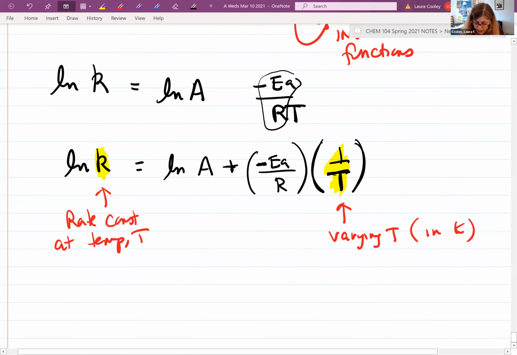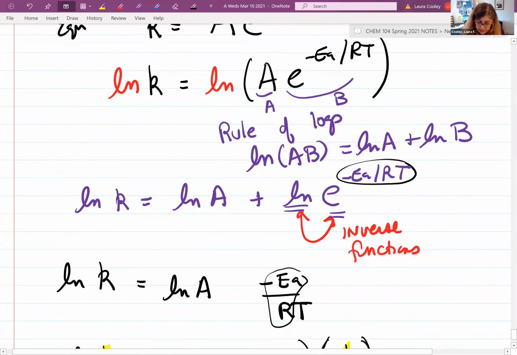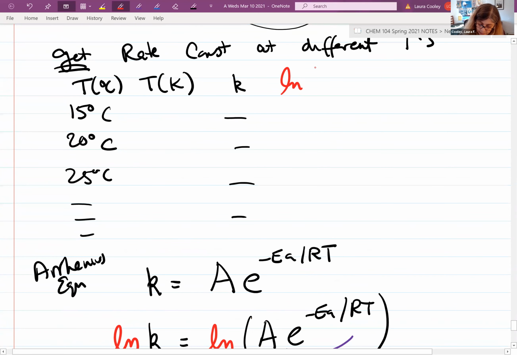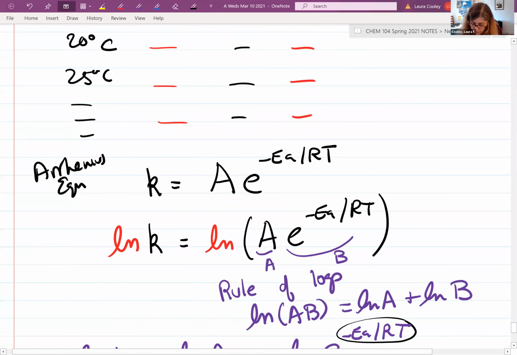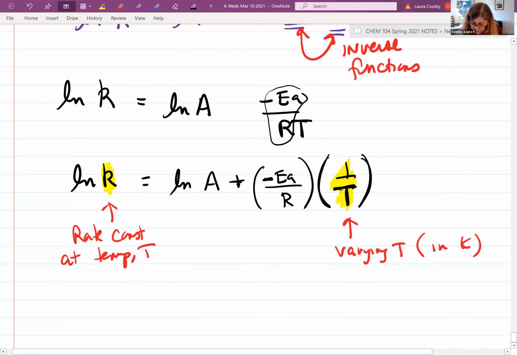And so if I go back to my data in this column, the next column, I'll put log of K and I'll take the log of K. And now I'll put my temperature in Kelvin. Okay. And then I'll say, oh, what I really have to do, if I plot this log of K on the y-axis and the 1 over T on the x-axis, EA over R is a constant.